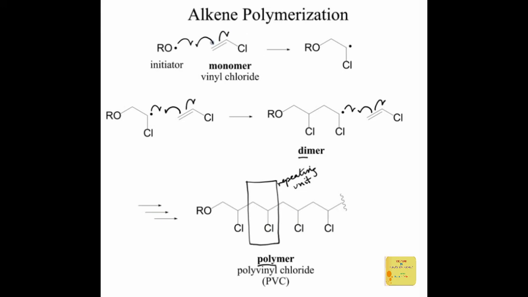And depending on the monomer that we start with, we can get a different polymer each time. And depending on what groups are attached, we can get very different properties. This is PVC, polyvinyl chloride. It's used for water piping, for example, for sprinkler lines; that kind of thing is PVC piping. But there's a wide variety of fabrics and plastics and materials that we can get from this polymerization reaction.